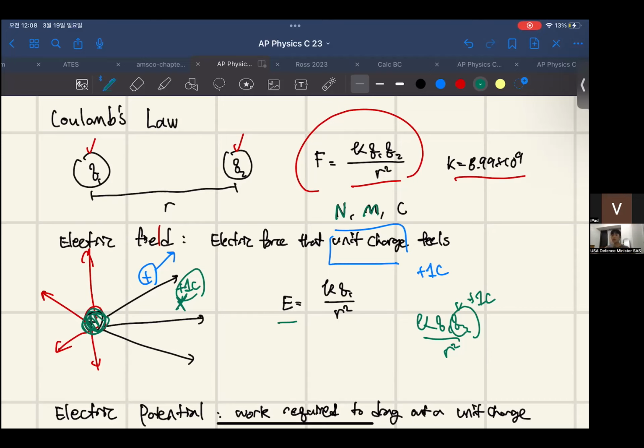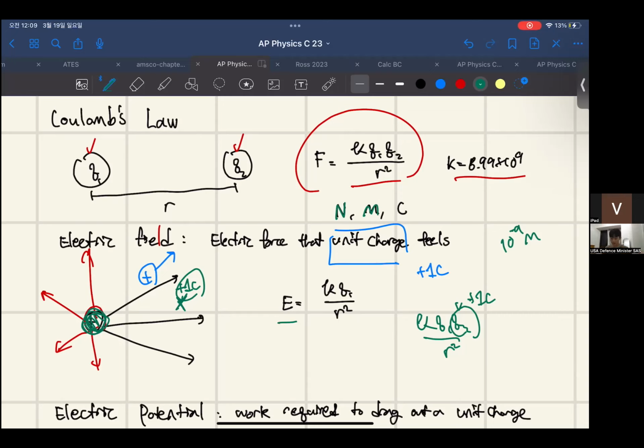Thus, if they put them a few meters apart, practically there won't be any force induced between the two. That is why in most situations, the questions give nanometers, which is 10 to the power of negative 9 meters. However, always remember, even if the question gives you nanometers, you have to convert it into meters and then plug into this formula.